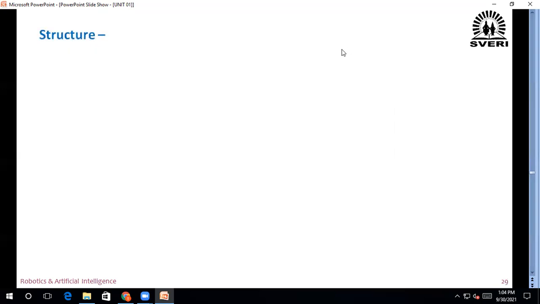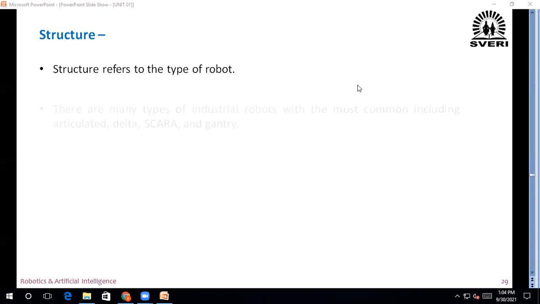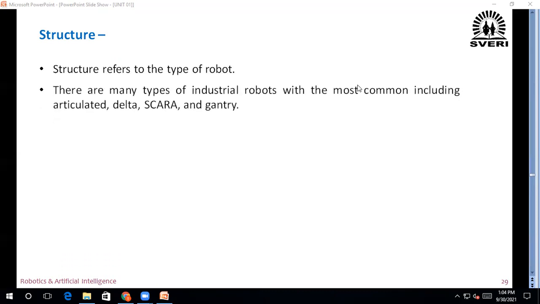The next is structure. Structure refers to the type of robot. There are many types of industrial robots, with the most common including articulated, delta, SCARA, and gantry.